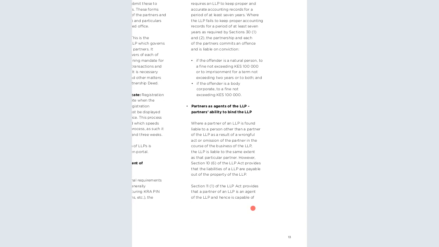So, partners as agents of the limited liability partnership and partners' ability to bind the limited liability partnership. Where the limited liability partnership is found liable to a person other than a partner of that company as a result of a wrongful act or omission of a partner in the course of the business of the limited liability partnership, the limited liability partnership is liable to the same extent as the particular partner.